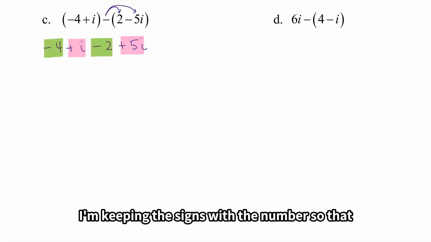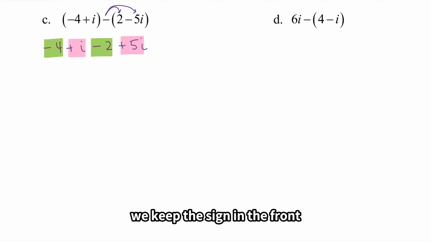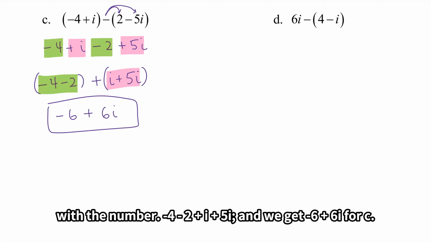And I'm keeping the signs with the numbers so that when we move these around in order to combine them, we keep the sign in the front with the number. -4 minus 2 plus i plus 5i. And we get -6 plus 6i for C.